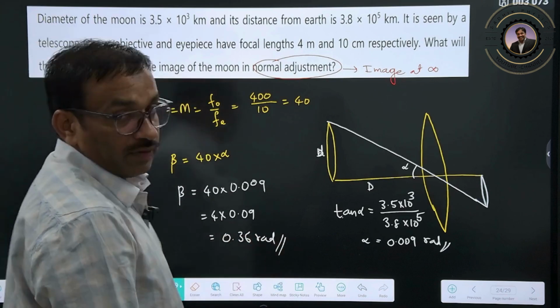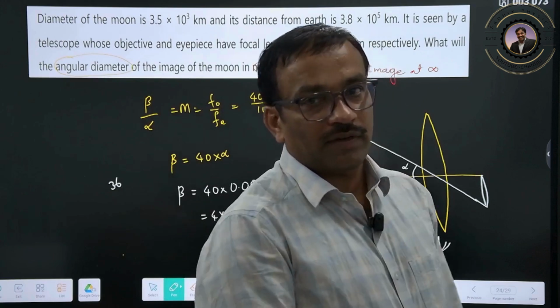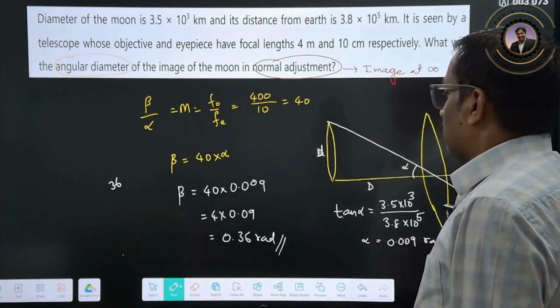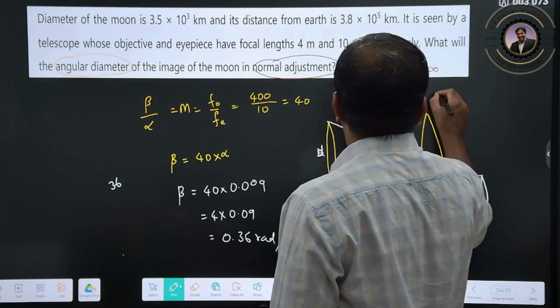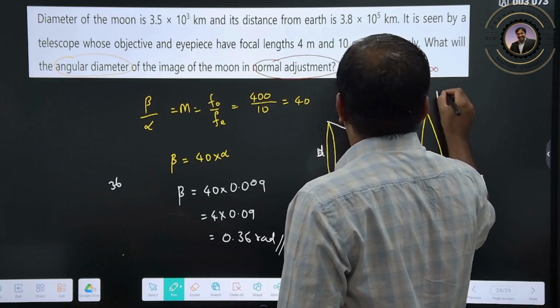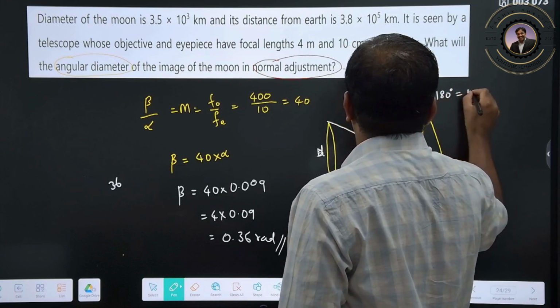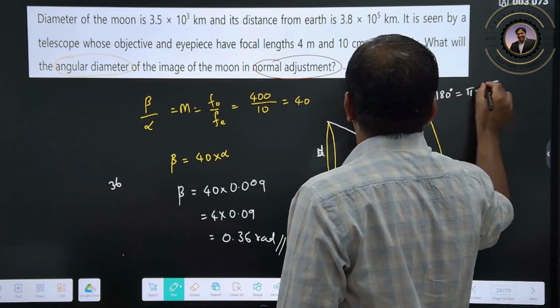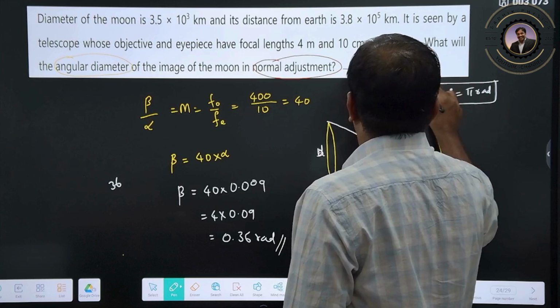If you want it in degrees, you can convert it, since 180 degrees equals pi radians.